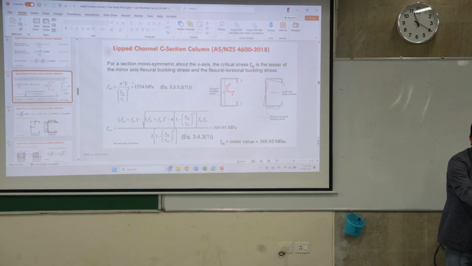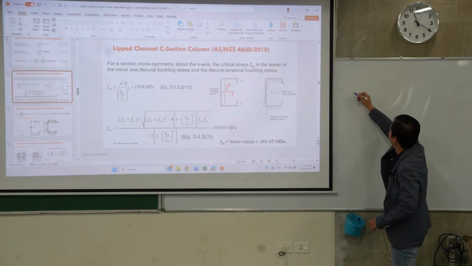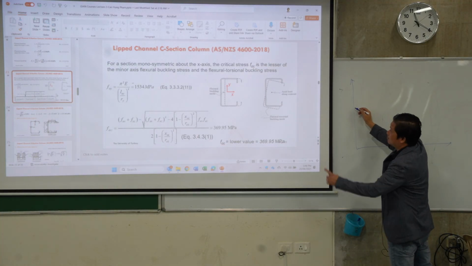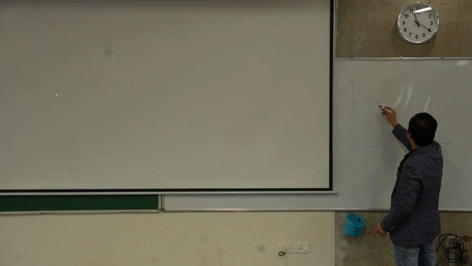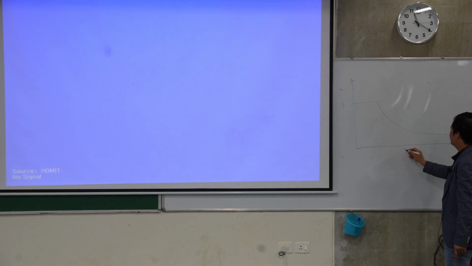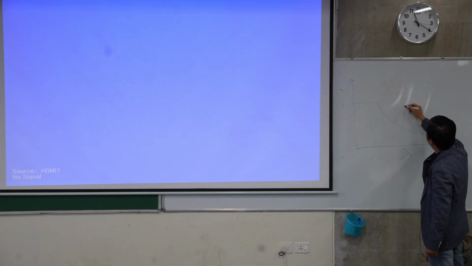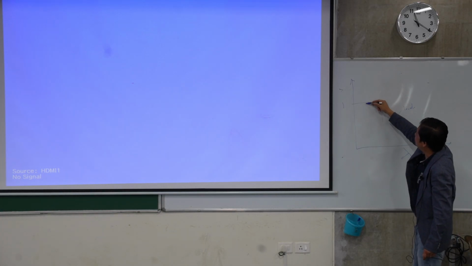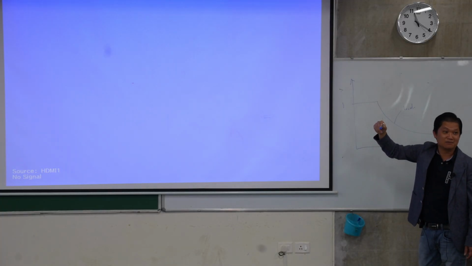Even now in the Australian standard, you have the local buckling curve. It's not like what we do here. That is ideal, right? So this is 1. This is lambda. So this is the local buckling strength curve, and from here to here we assume that My is the maximum, so it's yield.